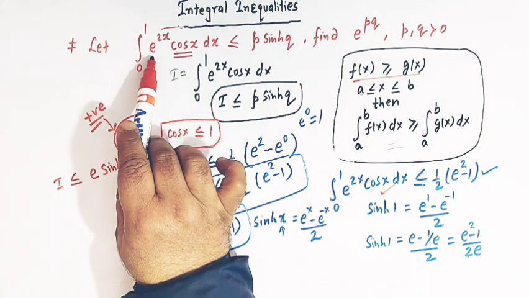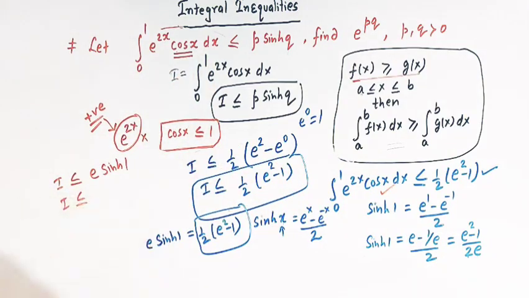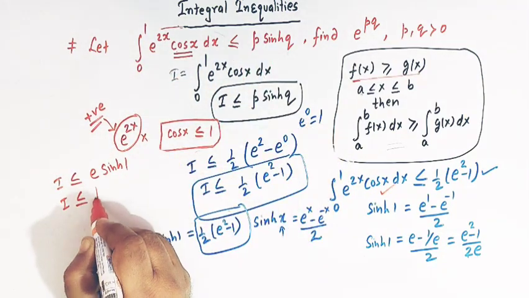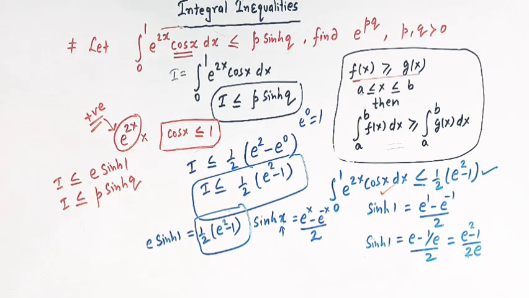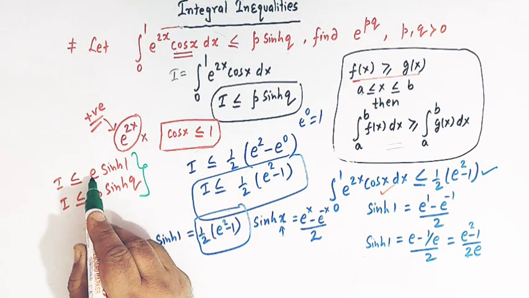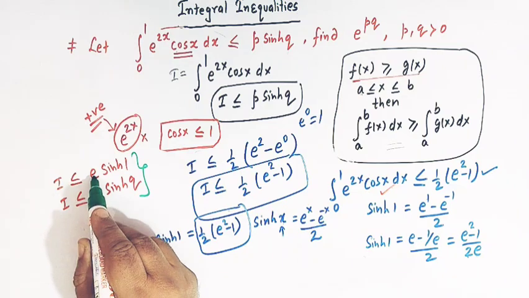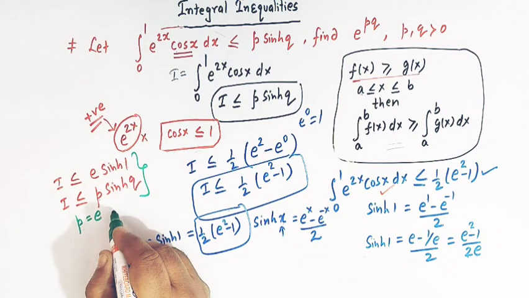And here we are given that this integral I is less than or equal to p times the hyperbolic sine of q. So if we compare these two results, then we can easily see that p is equal to e and q is equal to 1, right?